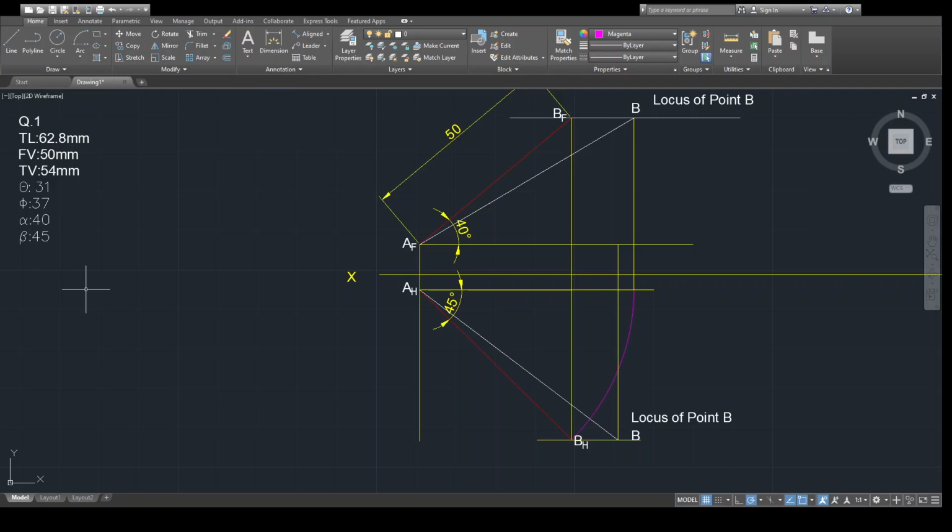By using this rotation of line method, you can easily draw, if you know any three parameters, you can complete any projection of line problem. Okay, in the next session we will solve one more problem.